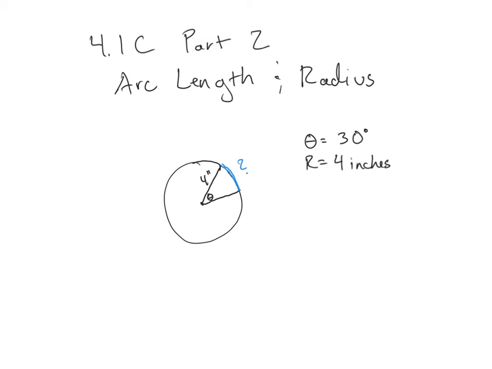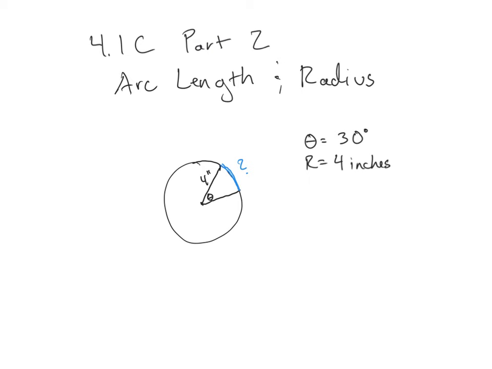We position our degree in terms of a proportion, right? Because this is 30 degrees. So proportionally, wouldn't the arc length be 30 degrees? Think of an entire circle. The entire circle is 360 degrees.